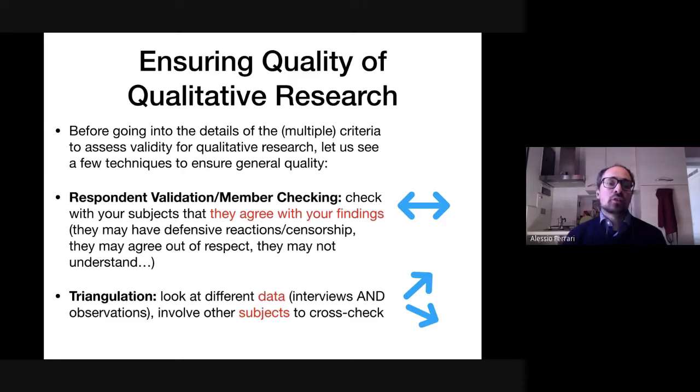One is the so-called respondent validation or member checking, which means check with the people that you interviewed or observed that they agree with your findings, that your interpretation of the reality of the observation or interview actually matches their viewpoint. This is really important, because otherwise your interpretation may be completely different.